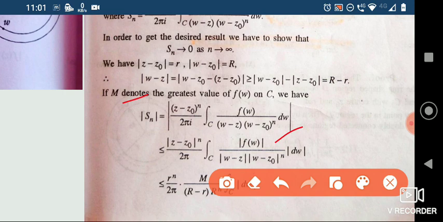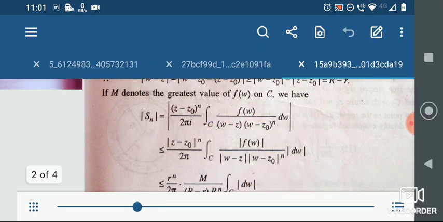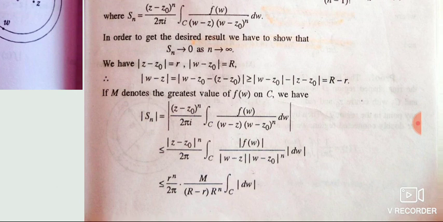So this whole term can be written as less than or equal to, when you replace by M. Then what is modulus of w minus z? We already know that, that is capital R minus small r. And what is modulus of w minus z naught power n? That is r power n, integration along the curve C, modulus of dw. Now the question is, what is the integration along the curve C of modulus of dw?